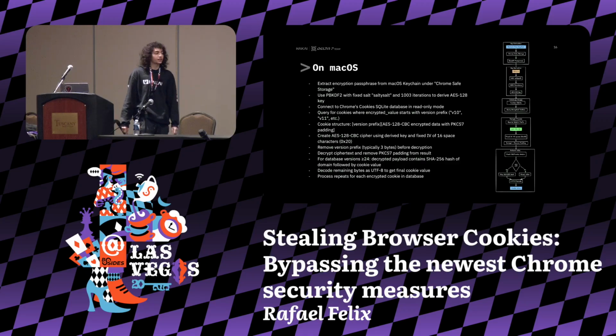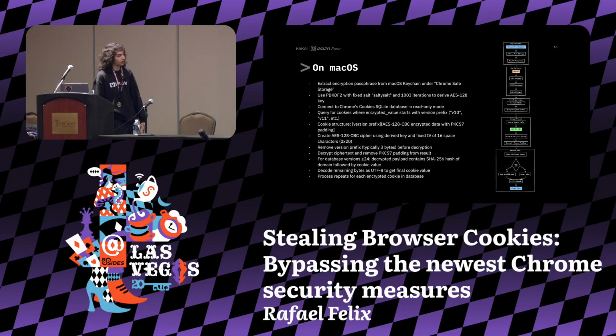So we then create the cipher. The IV is actually a fixed IV of 16 space characters, which is 0x20. And then we use the key extracted from the keychain process as the key. We then remove the version prefix, which is the V20, decrypt the ciphertext and remove the PKCS7 padding from the result.